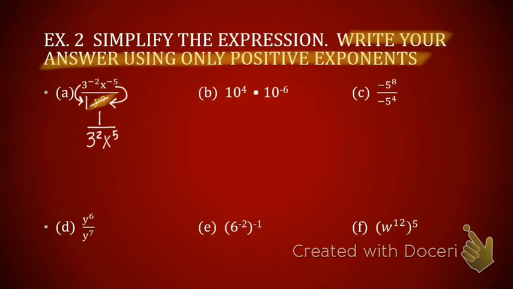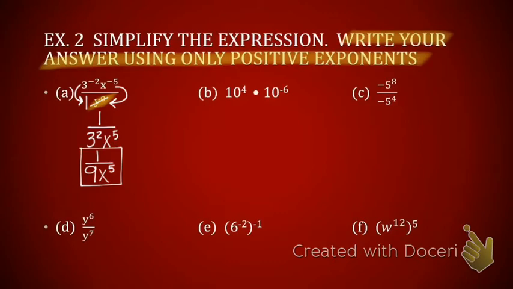X to the negative fifth becomes x to the fifth. Now, is there anything else we can do? Have we simplified it as far as we can? No, because we can still do the 3 squared, right? So, 1 over, what is 3 squared? 9, because 3 squared is 3 times 3, and then x to the fifth, and this would be our final answer.